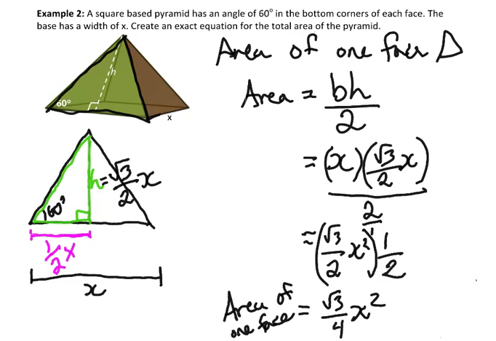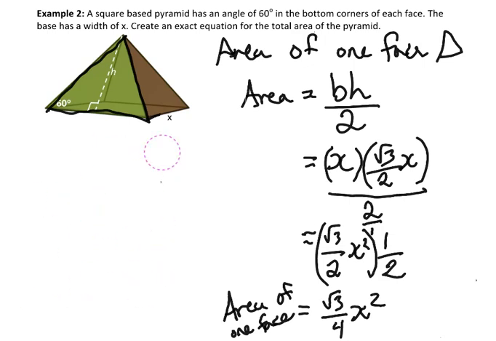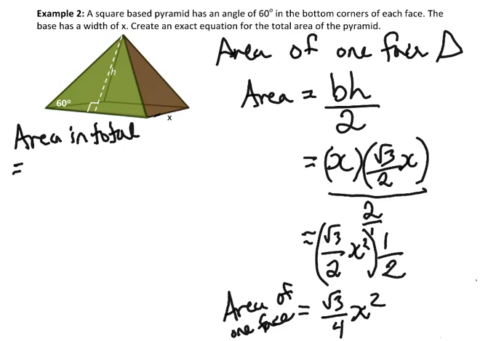Now let's think about, well, how many triangles are there altogether? Well, there's 4 of them, right? Because this is a square-based pyramid, so there's 1, 2, 3, 4 of those triangular faces. And there's also a square base on the bottom. So the area in total is going to be, first, the base on the bottom.